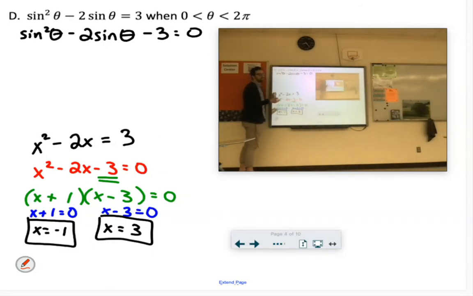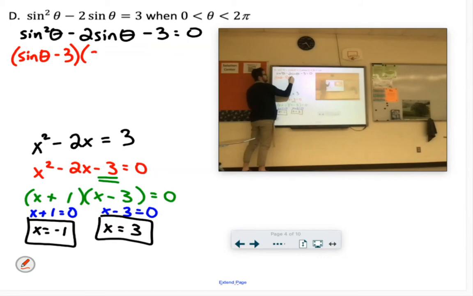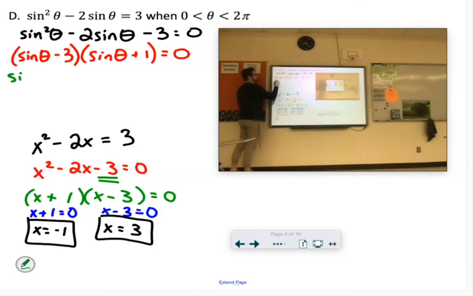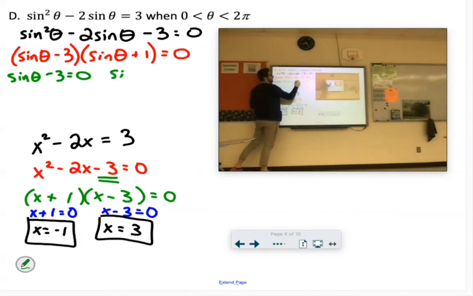But instead of x, we would just have sine theta. So we'll have sine theta minus 3 times sine theta plus 1 equals 0. And then we would set up our two equations: sine theta minus 3 equals 0, and sine theta plus 1 equals 0.